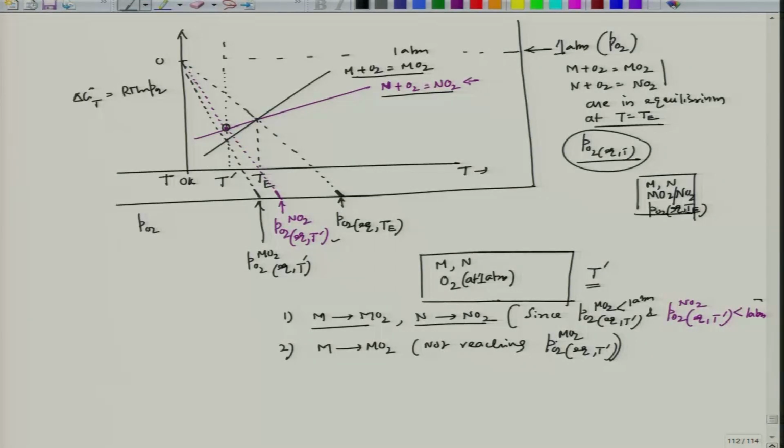Fine. So, both the oxidations will take place, but since this is a closed system where we are not allowing any oxygen to come in from outside or oxygen to come out from inside, the oxygen partial pressure would start decreasing from 1 atmosphere, and first it will try to reach PO2, this will be reaching.